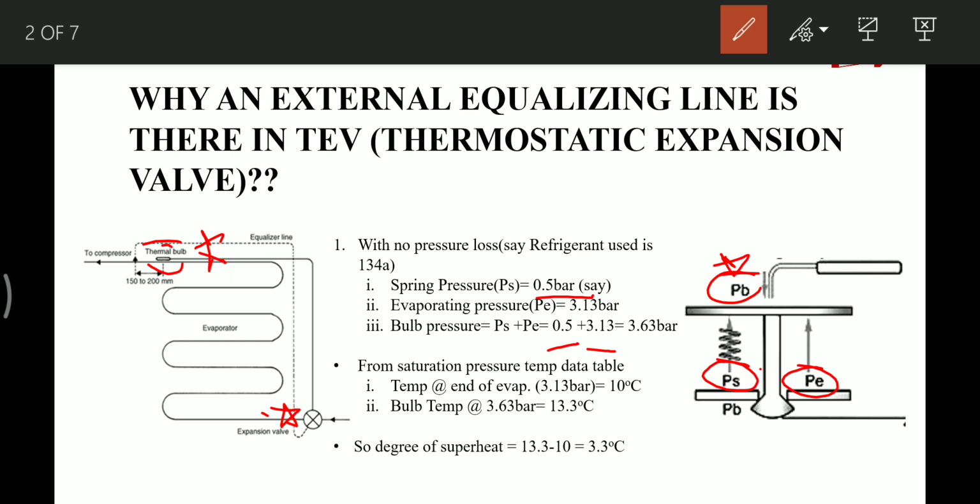So from the saturation pressure temperature data sheet, we can see the temperature at the end of the evaporator, which has a pressure of 3.13 bar at this point. Temperature will be 10 degrees Celsius.